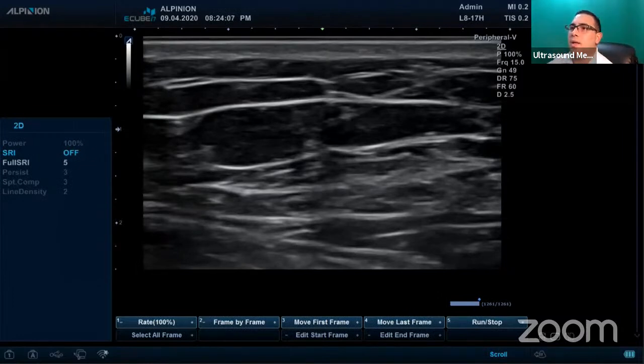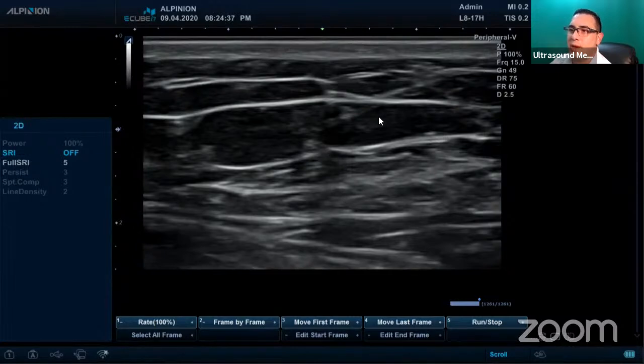Let's take a look at this anatomy. This is the skin, and this is the subcutaneous tissue. This is the saphenous fascia. This is my great saphenous vein, and this is the muscular fascia.